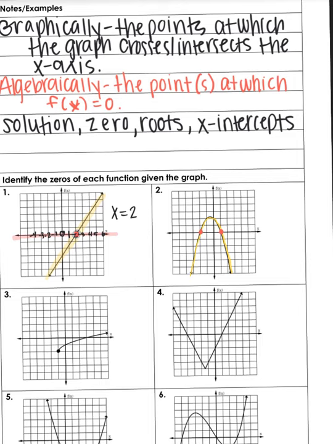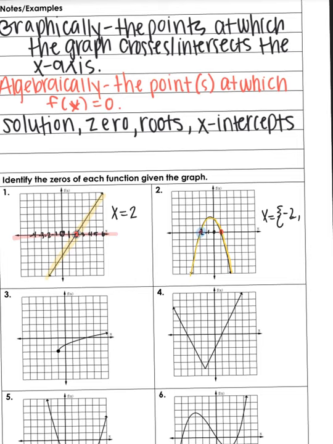So our first 0 is over here, and we would call that x equals, and then there's 2 of them, so that one is -2. So remember, this is 0, -1, and then -2.